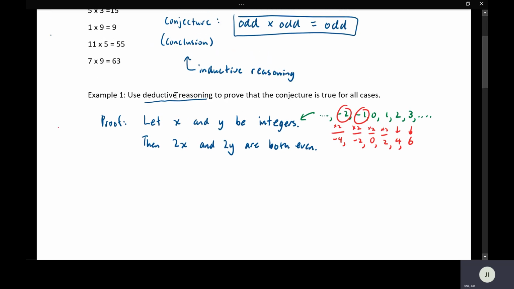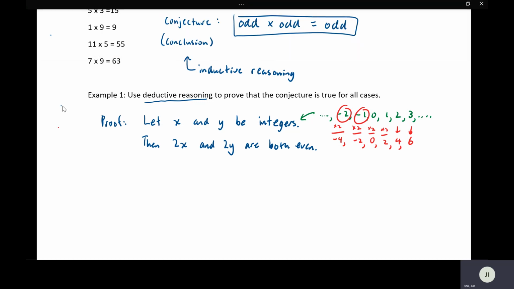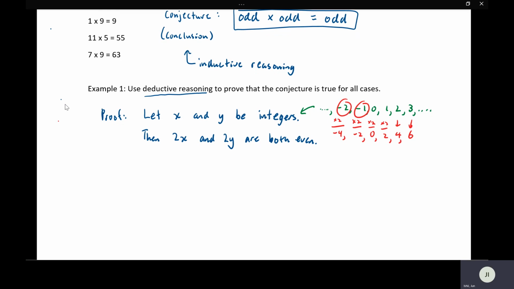All right, but this proof that I'm working with involves 2 odd numbers. So to make an even number odd, I have to add 1, or I can actually subtract 1. Okay, so if 2x and 2y are both even, then 2x plus 1 and 2y plus 1 are both odd, right?